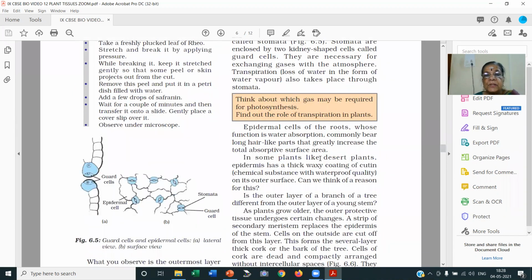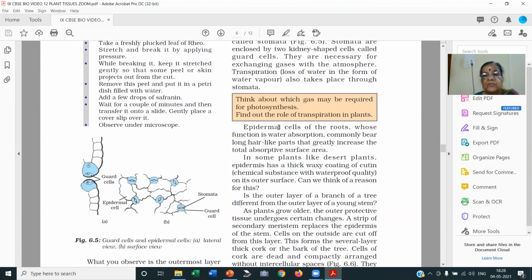Then the point below this box, mark it as root hair. Another epidermal cells of the roots, whose function is water absorption, commonly have long hair-like parts that generally increase the total absorptive surface area. This is the structure and function of root hair.